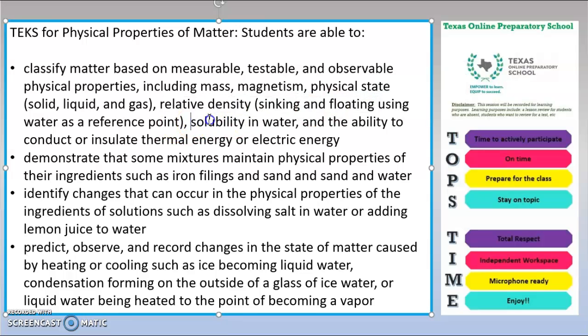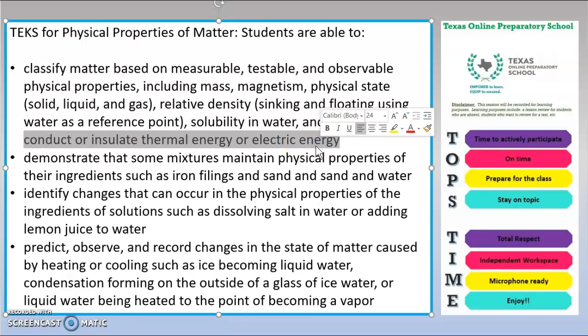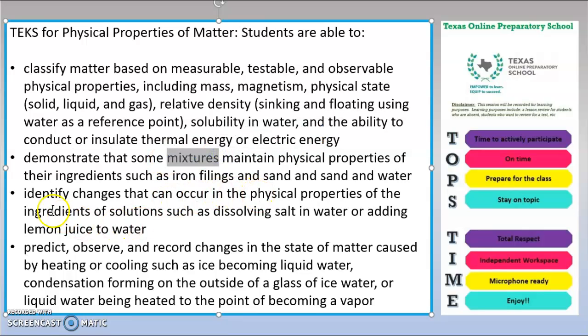Solubility in water, will it dissolve? And the ability to conduct or insulate thermal or electrical energy. So all of these different physical properties. We're going to be talking about mixtures, comparing solutions, ingredients of solutions, and then the changes of matter as we heat or cool things.